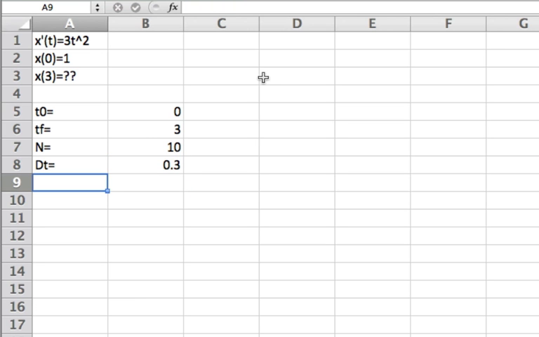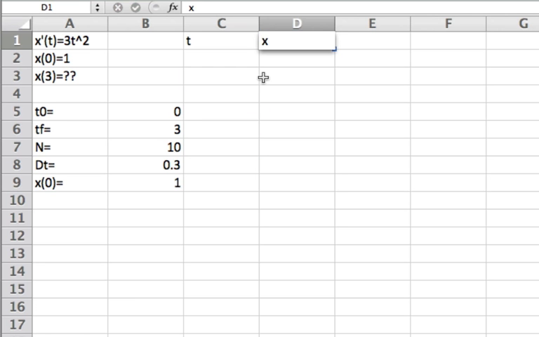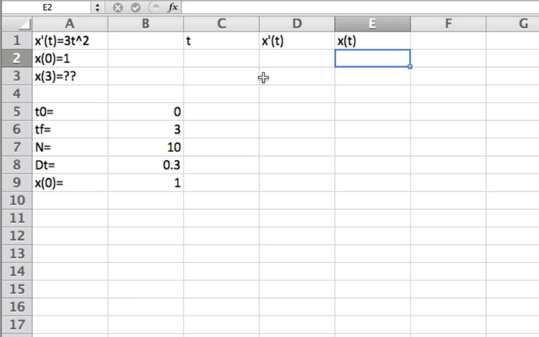And then one other piece of information that we're going to need, we want to have x of 0 on hand, so let's put that down here, and that is 1. Okay, so now that we have all that info down, let's put down data for these functions. So we have to get t in a column, x prime in a column, and then using those we'll get x of t.